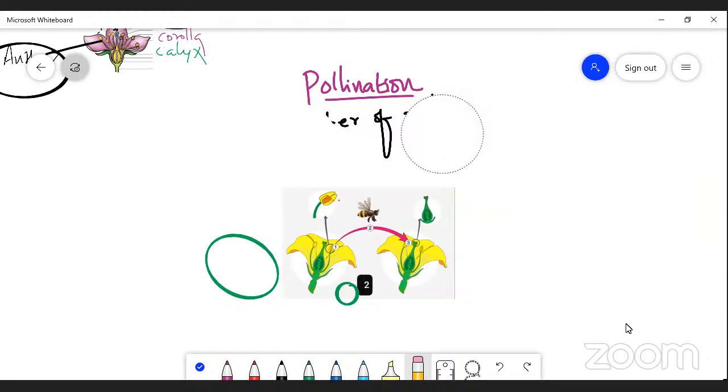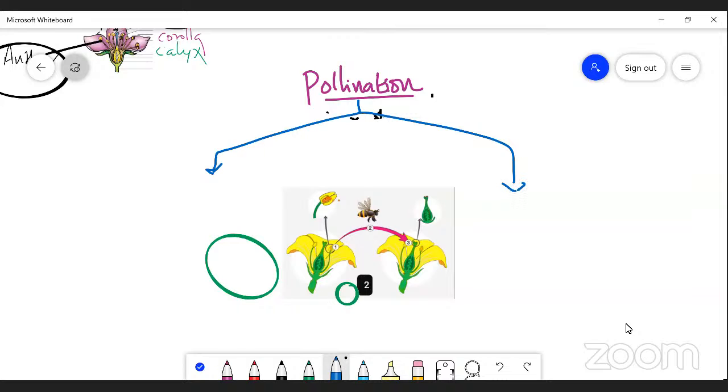So this is a structure of flower. You can see I have given two flowers. From flower number 1, there is a transfer of pollen grain from anther to stigma. That means in cross-pollination, two flowers are involved, whether male flower or female flower, right? So pollination takes place between two flowers of the same plant or different plants.